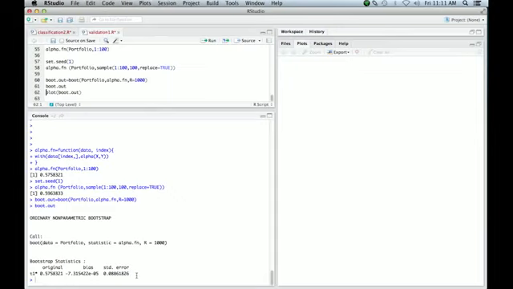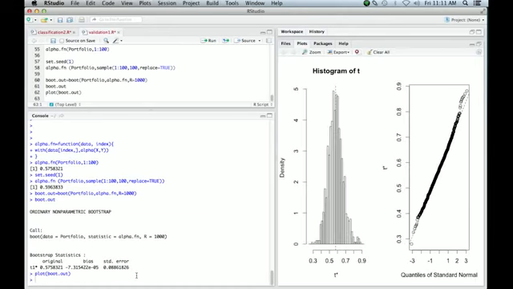And you can also plot the Bootstrap. It's nice to see what the distribution looks like, and you get a 2-panel plot. One is a histogram, and it looks like a pretty nice symmetric distribution, maybe Gaussian. And in fact, the second plot is a QQ plot, which plots the ordered values against the ordered statistics of a Gaussian.